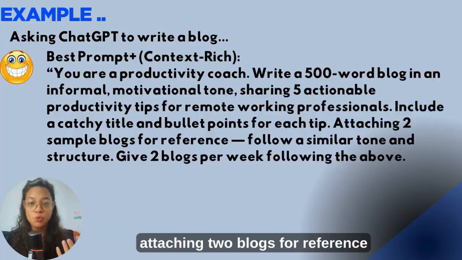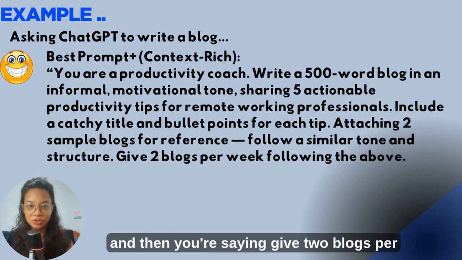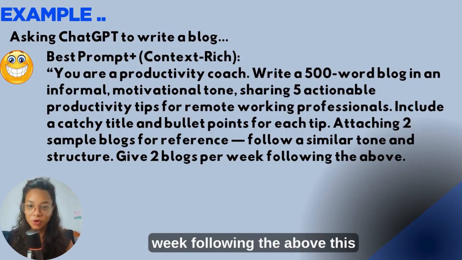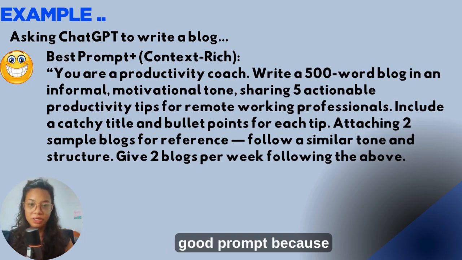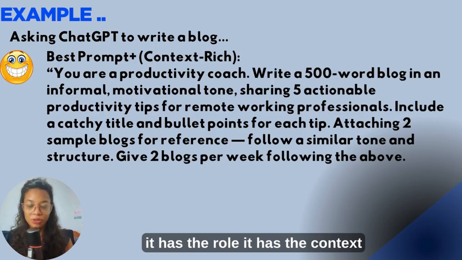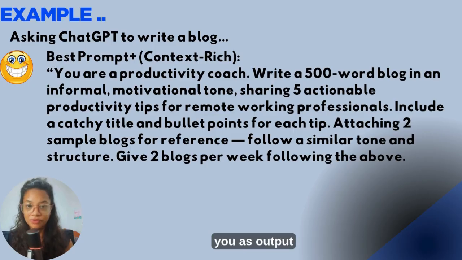"Attaching 2 blogs for reference, follow a similar tone and structure, and give 2 blogs per week following the above." This is what makes a super good prompt, because it has the role, the context, the structure, the constraints, and it also has the instructions as to what the LLM needs to give you as output.